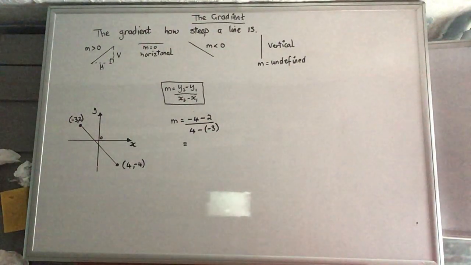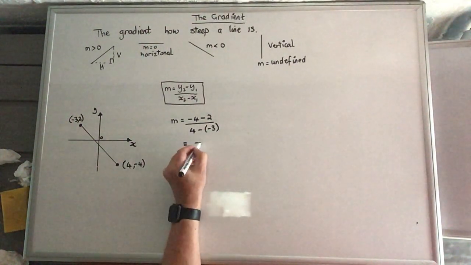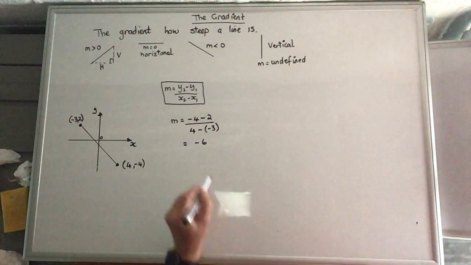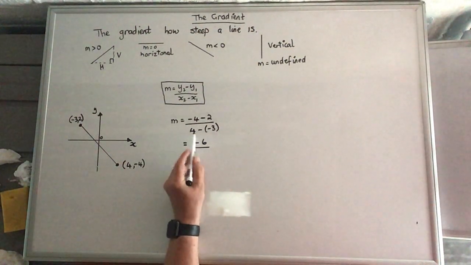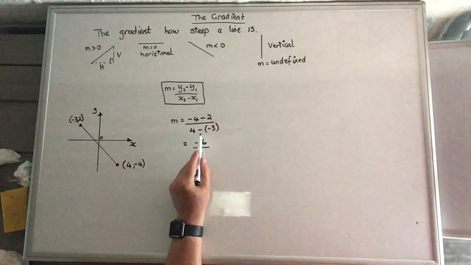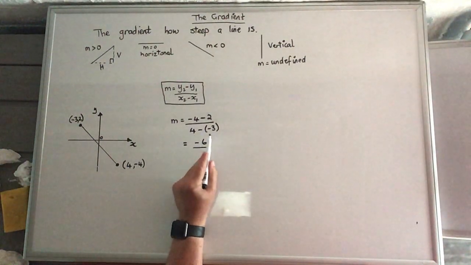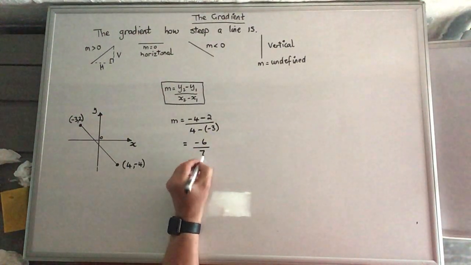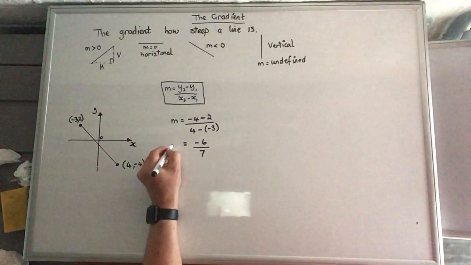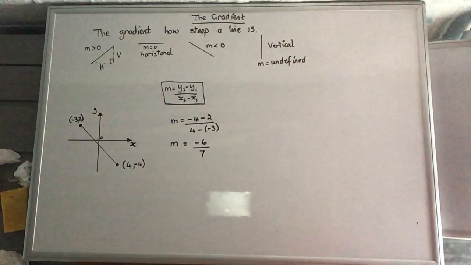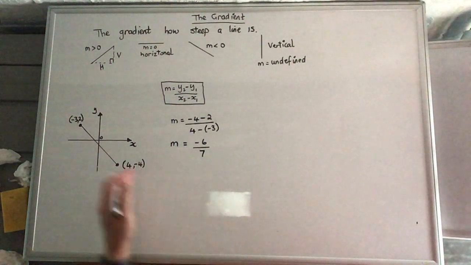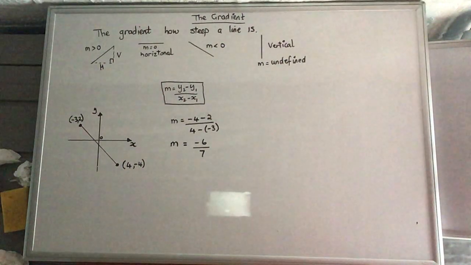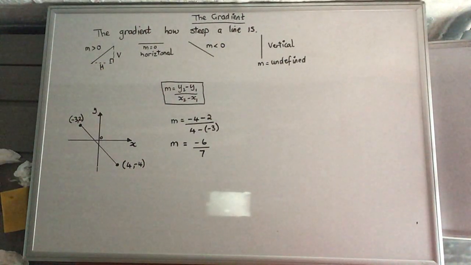So the top part, minus 4 minus another 2 is minus 6. And the bottom part, 4 minus 3, well, subtracting a negative, the same as adding, so that's 4 plus 3, which is 7. So the gradient is minus 6 over 7. As expected, negative slope. And that's all there is to gradient.